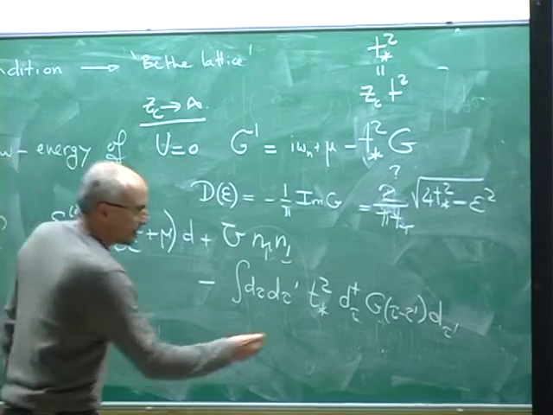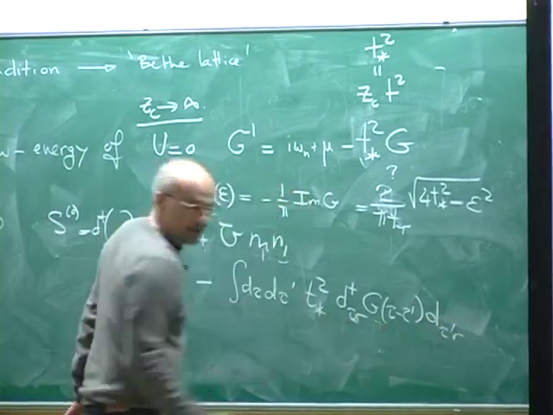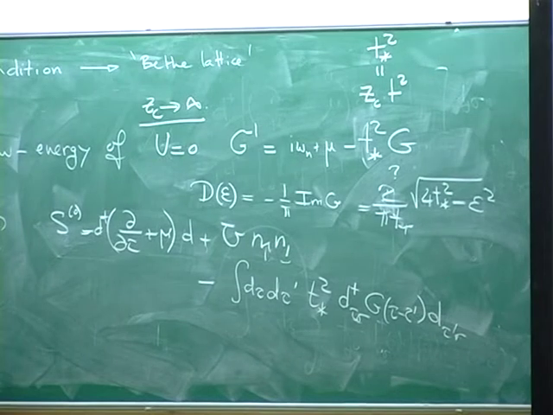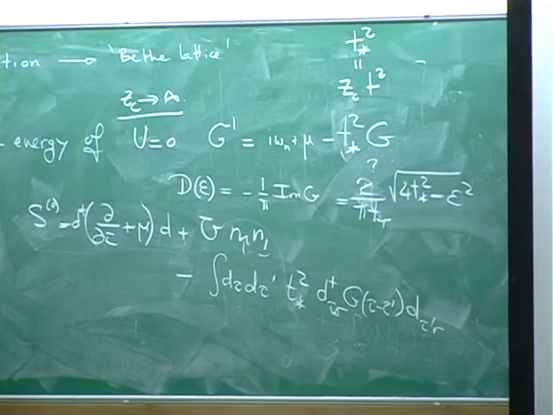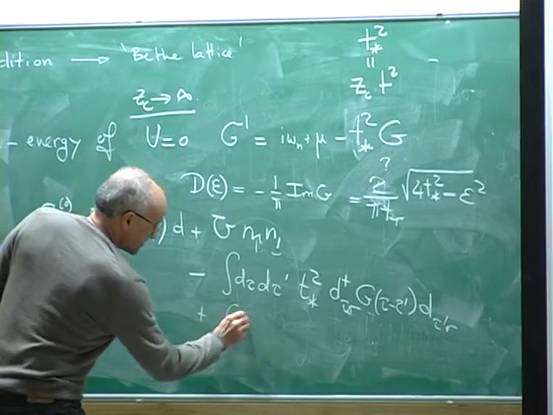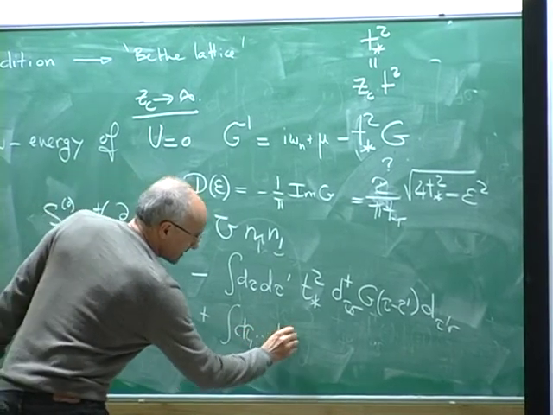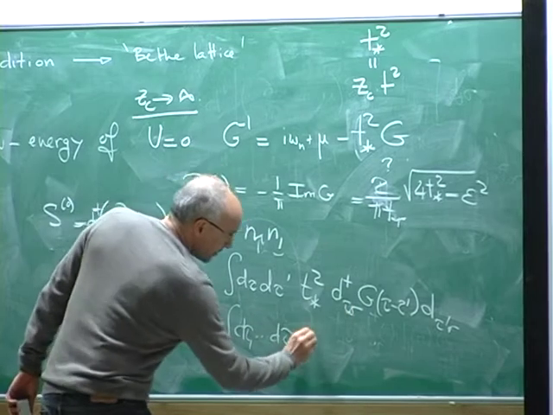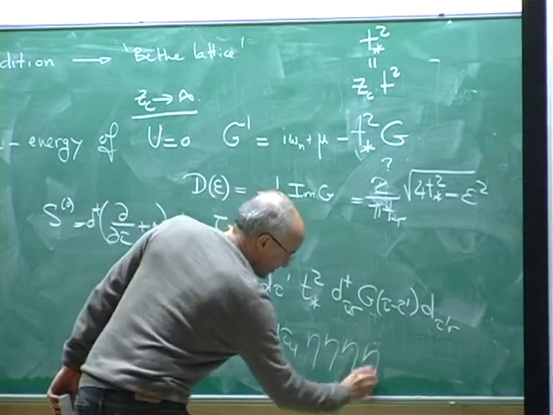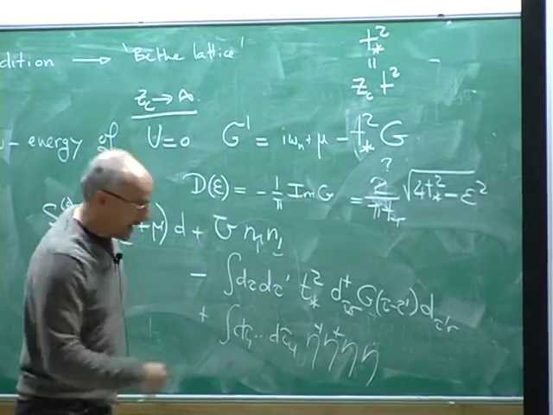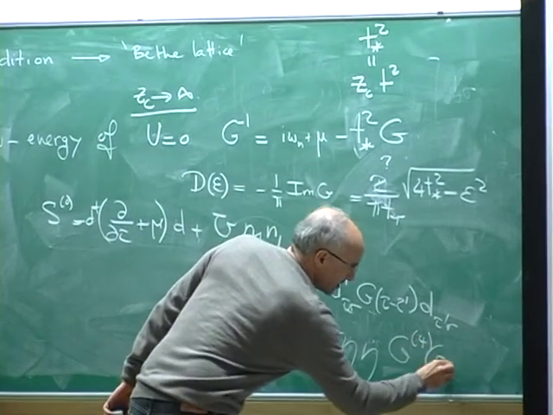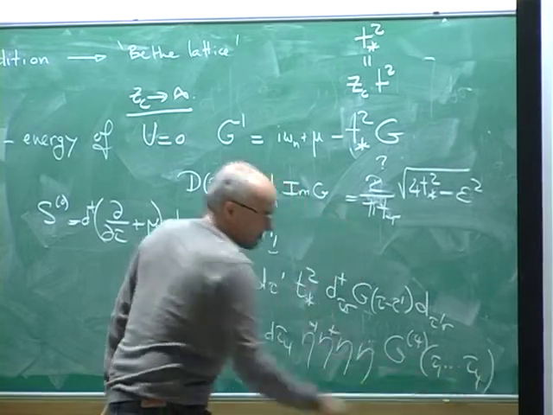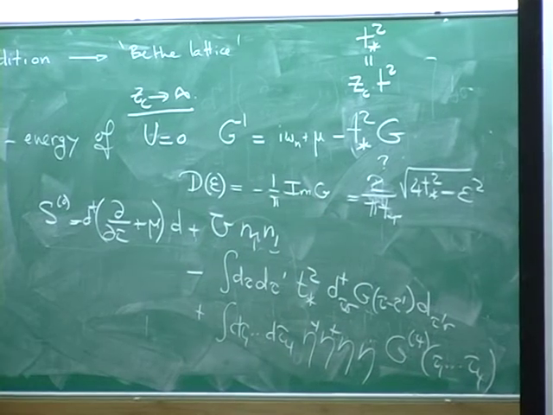So this is essentially the same as what we just did, except now we are going to have all sorts of higher order correlators. We are going to have plus the integral d tau 1 through d tau 4, four source terms, and some awful two-particle correlator of our model, and so on and so forth.